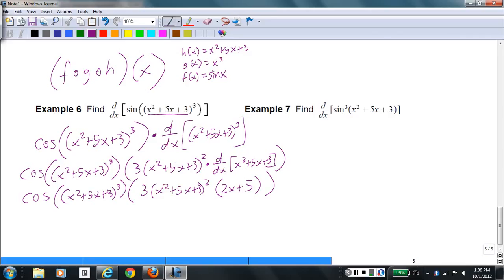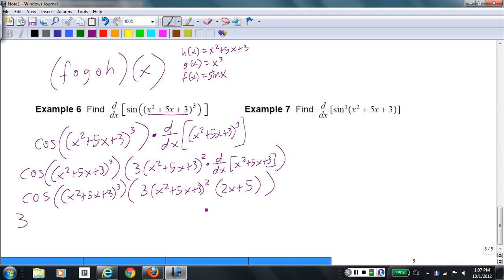And now, not a lot of rearranging to do. The 3 should go in front, and then those two polynomials, either the 2x plus 5 or the x squared plus 5x plus 3 quantity squared, should come next, and then the cosine probably last. Not a huge deal. If you left your final answer like this, I would not count off for it. So 3.